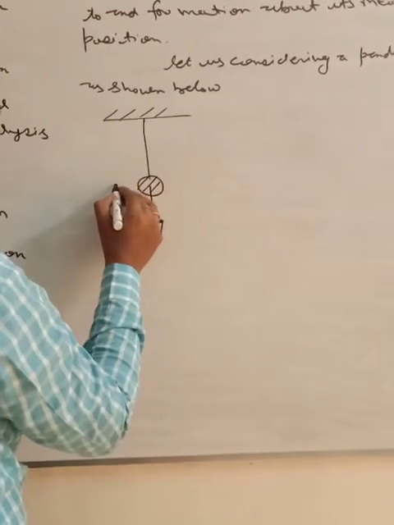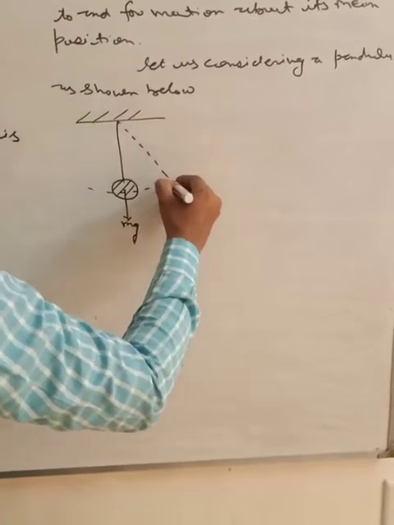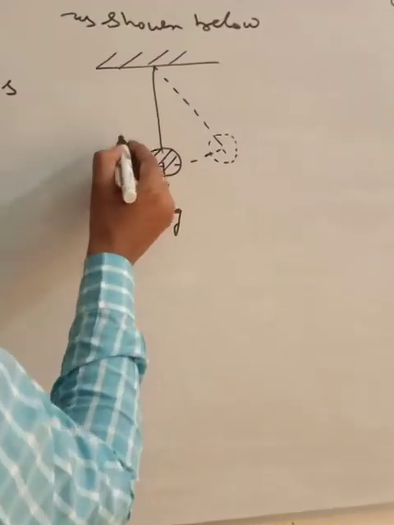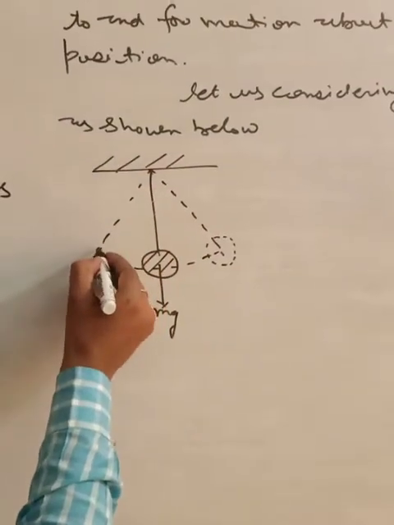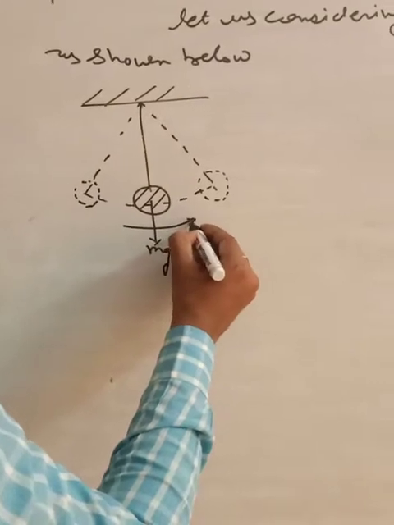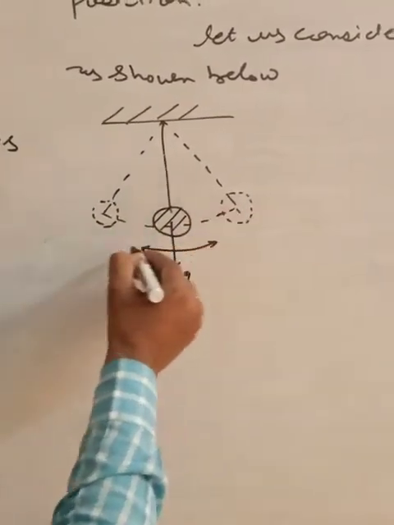If we give some disturbance to this pendulum, it will start to vibrate along this axis.